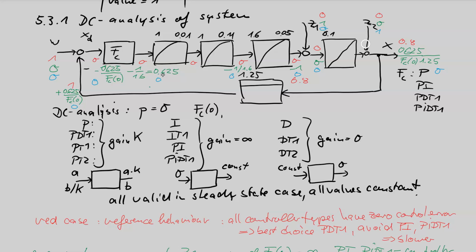So we have a disturbance here, but reference value 0 and controlled value 0 are identical, so this disturbance is completely compensated with the built-in integrator of the process. So if we want to have zero control error, just a P or a PD is sufficient. You don't need an integrator here or there, which slows down the speed of the closed loop system.